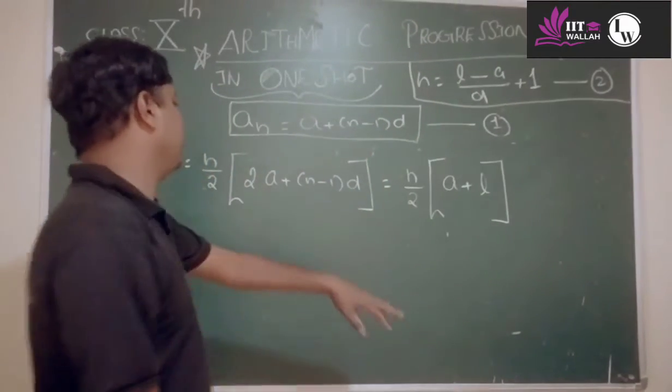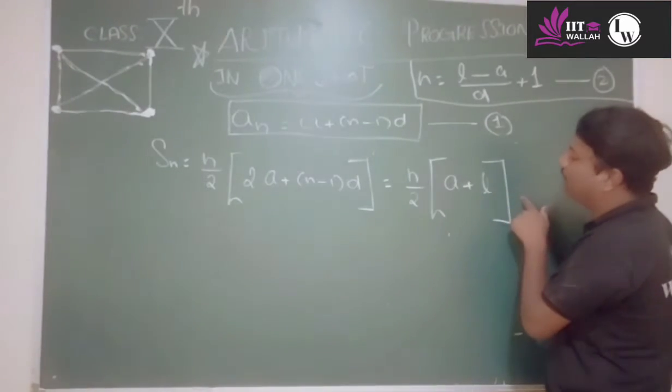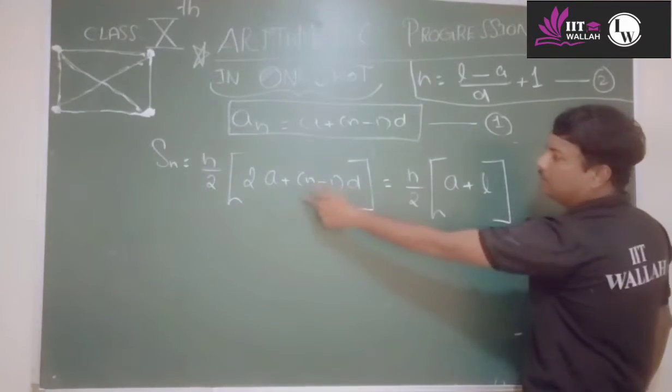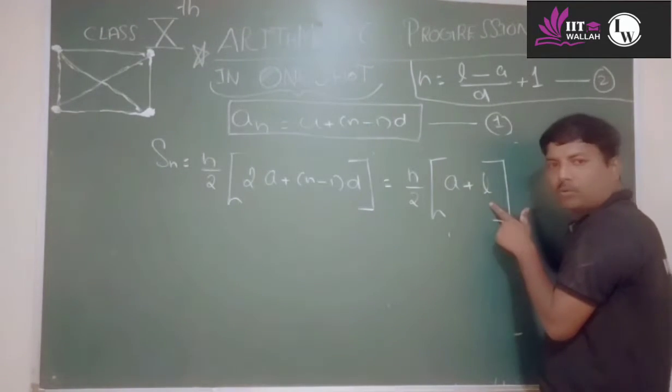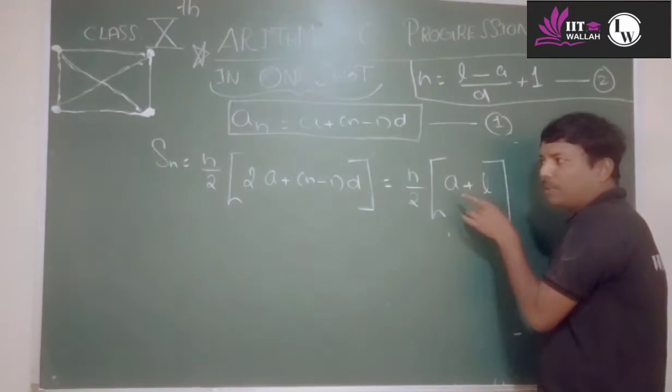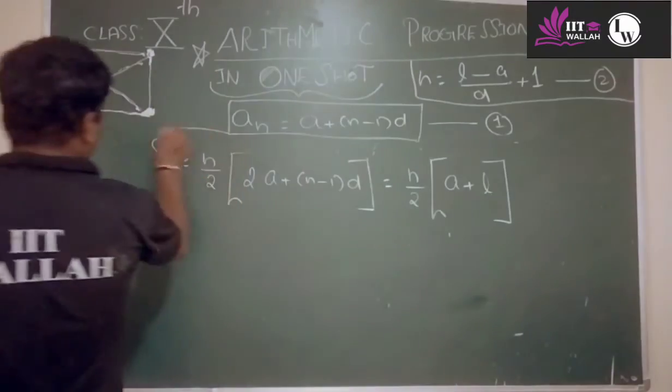See, both are the same. In place of l you can substitute a plus n minus 1 into d. If first term and last term we know, use this formula. If we don't know the last term, use the other formula.